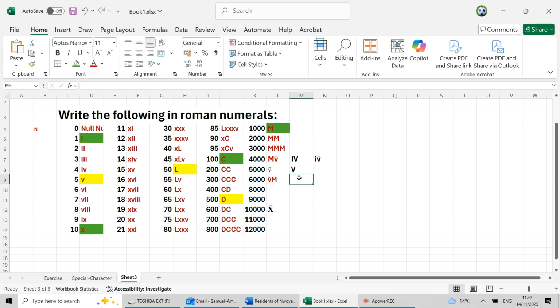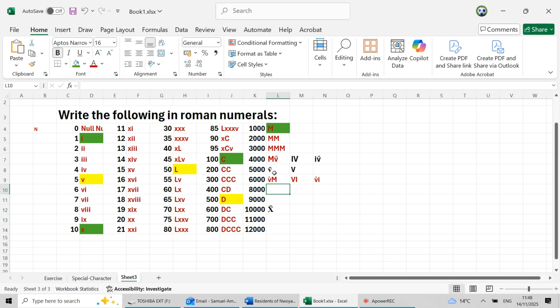At the same time, you can write VI, if you are to follow that route. Or small vI bar to make 6,000. All these are accepted. I would accept all of them. This is the ambiguousness of writing these Roman numerals.